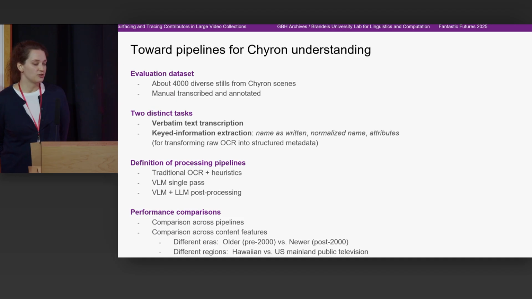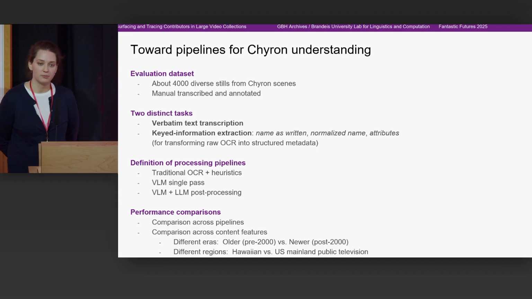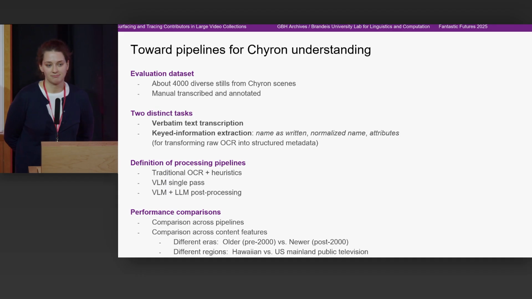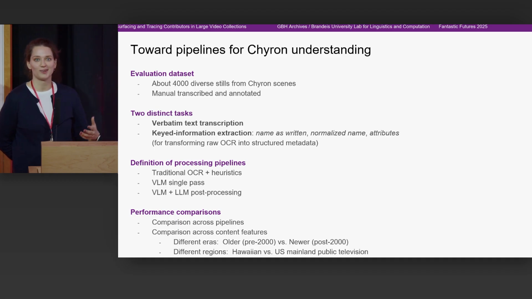We compared that to just prompting a VLM for each of the desired keys, and also to having the VLM transcribe the content of the chyron and then using an LLM to format that output. And we compared the performance of those different pipelines across Hawaiian and non-Hawaiian television programs and across different eras, so pre-2000 and post-2000.